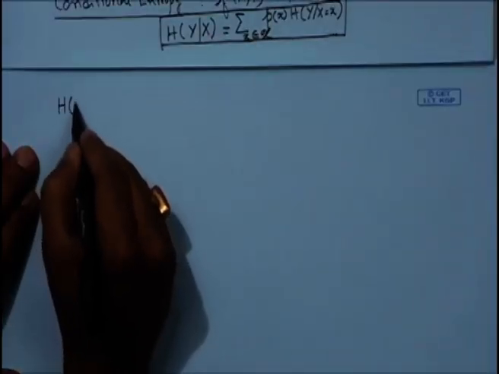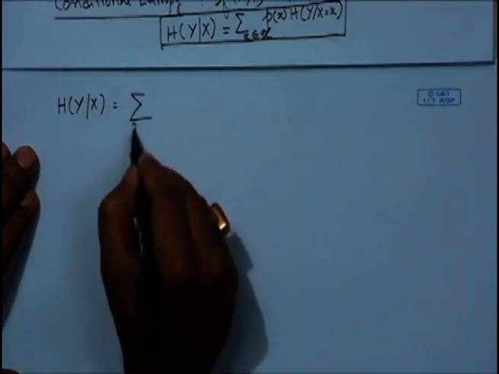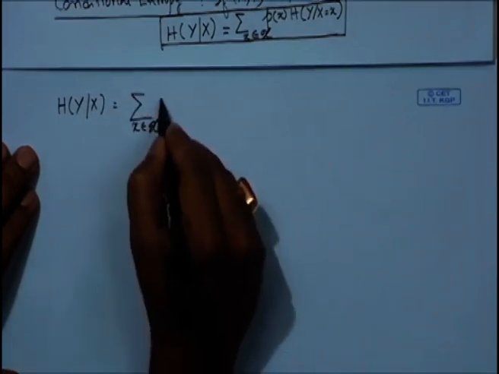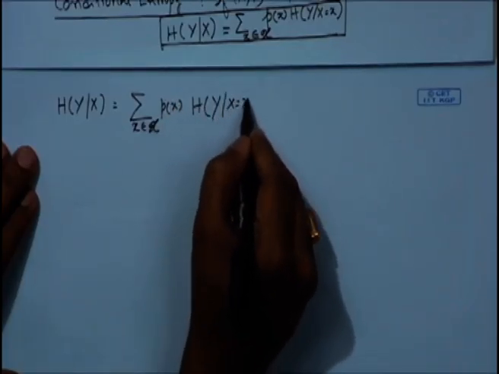what we get here is this particular expression. We can write it again: H(Y|X) is equal to the sum over x element of big X of p(x) H(Y|X=x).